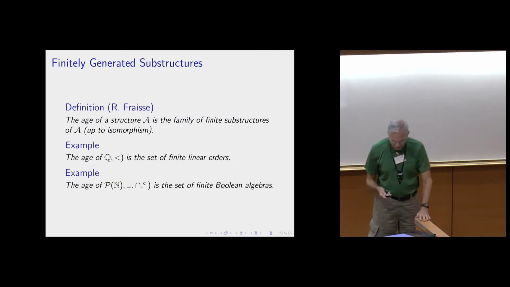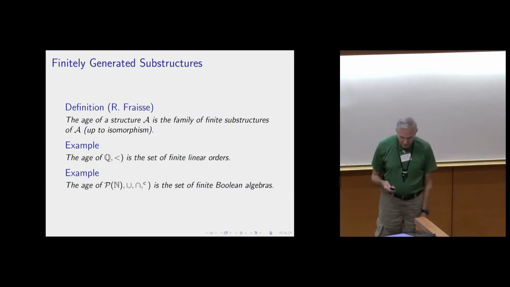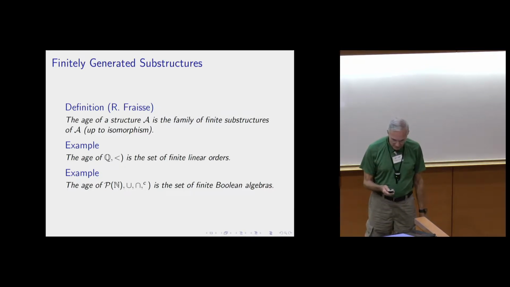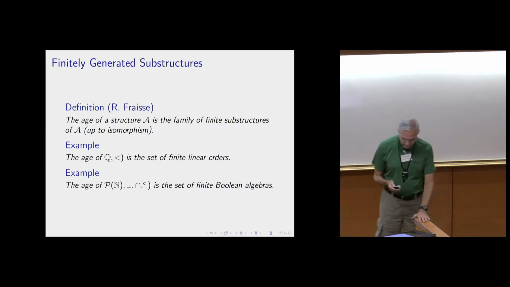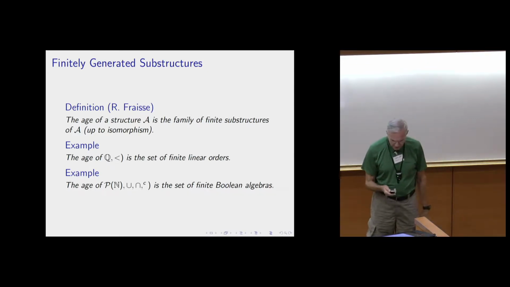There's some connection with this idea of the Fraïssé structures, where you have a family of finite substructures, and you take the limit, the Fraïssé limit, to get a homogeneous structure. I'm not really going to say much about this notion of the age.